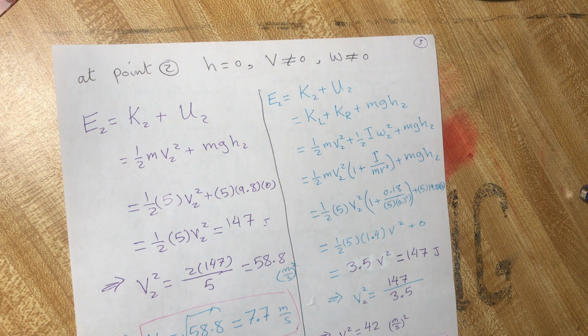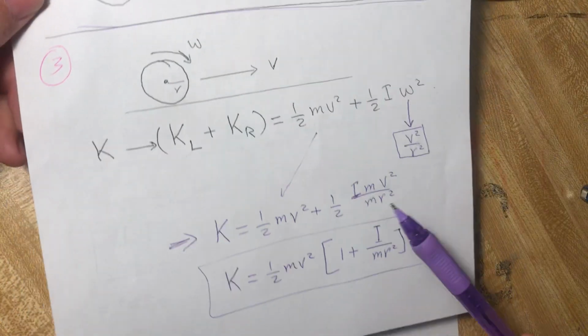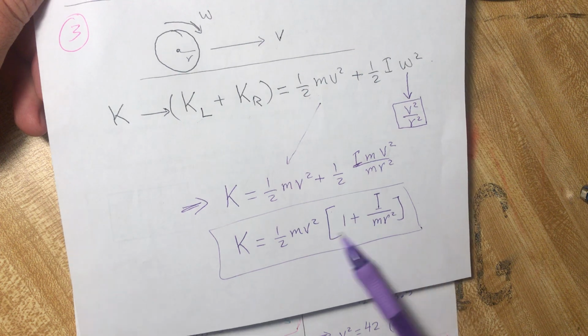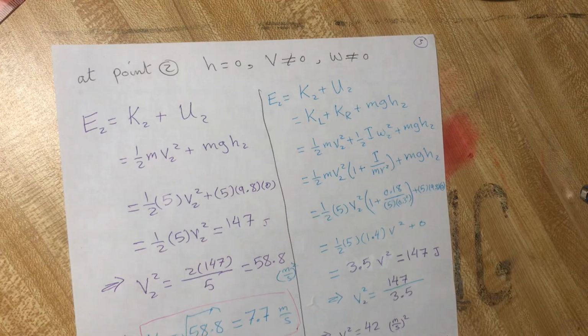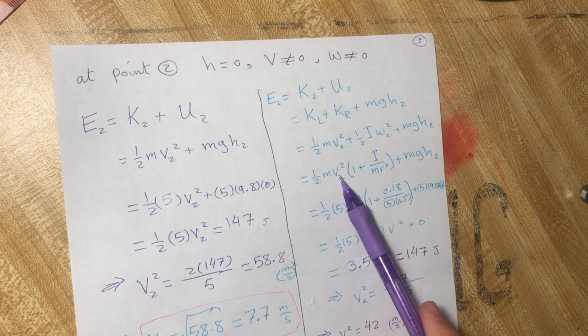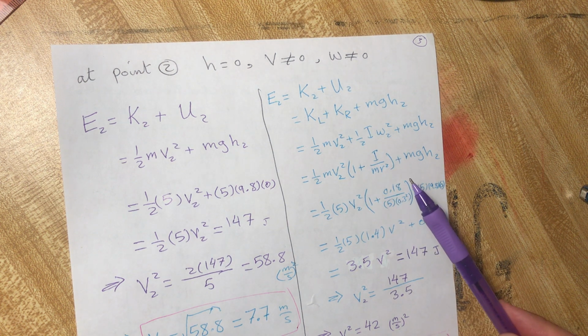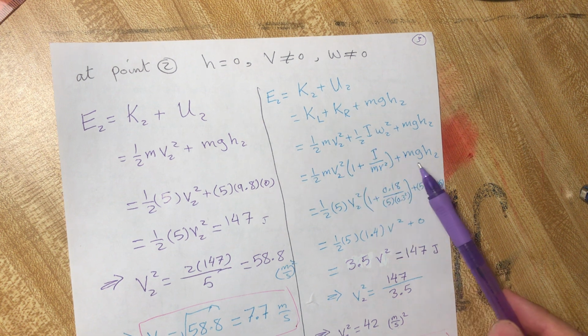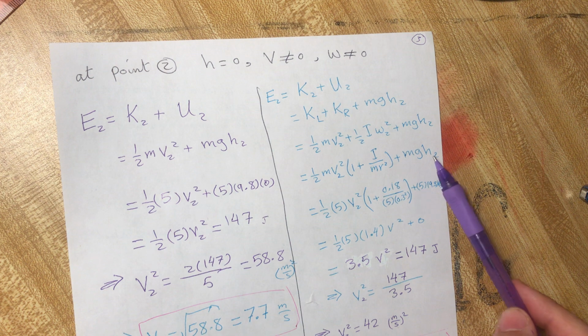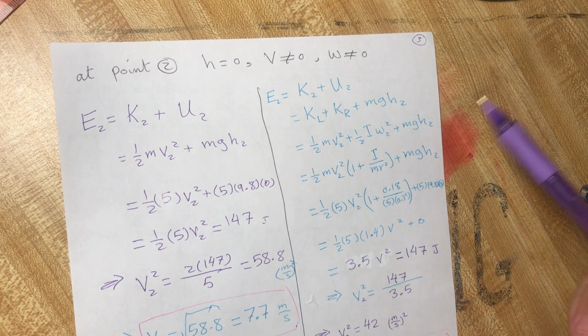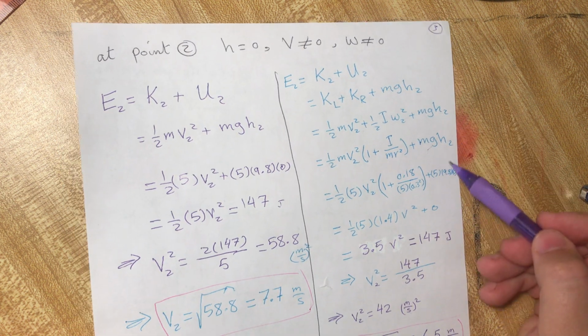And the second form of that law, which I can use also, is equal to half mv squared times 1 plus I over mr squared. It is the same. Plus mgh2. H2 is 0, so the potential energy term is 0.